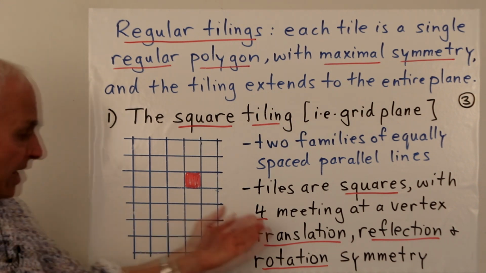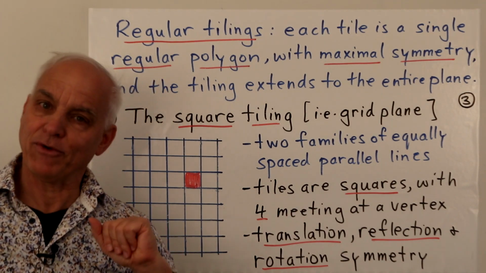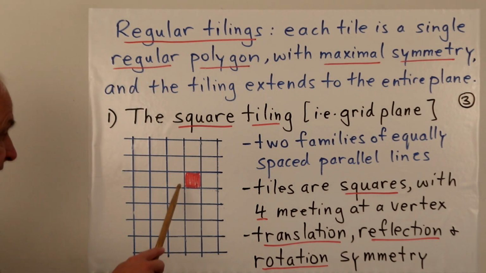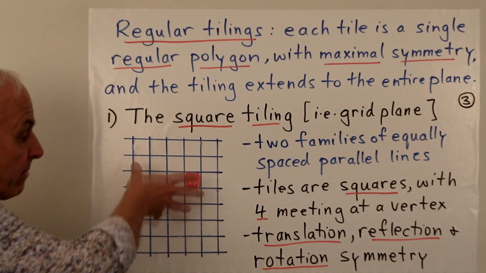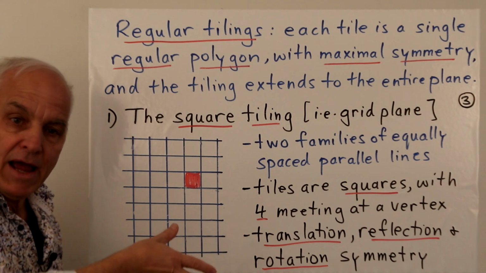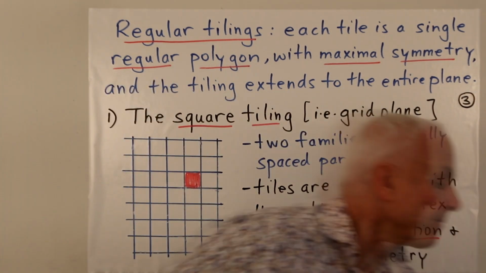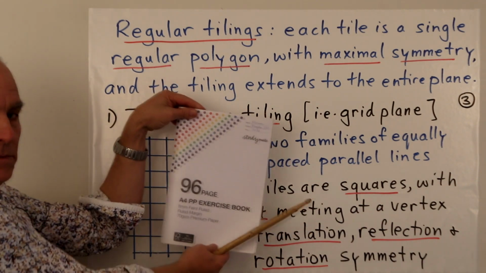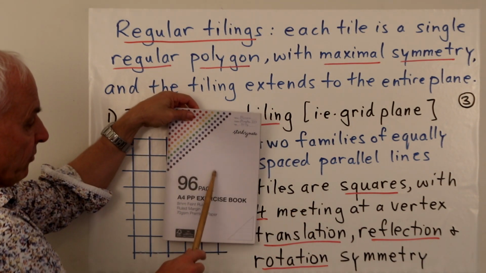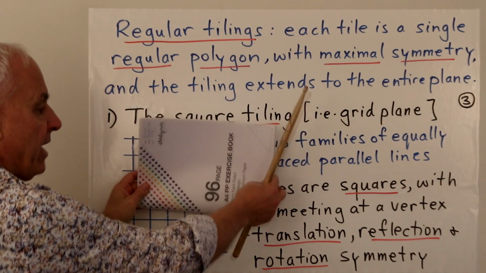In addition to the translation and the reflection symmetry, there's also a kind of rotational symmetry. So if we choose a vertex, let's say that one there, we can imagine rotating the entire grid by a quarter of a turn. What do I mean by that? Okay, so here is a rectangle, and let's say I want to rotate around the center. So a quarter of a turn, I mean like that.